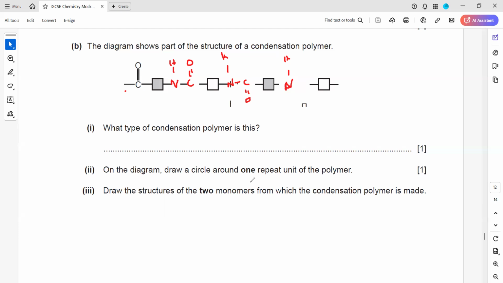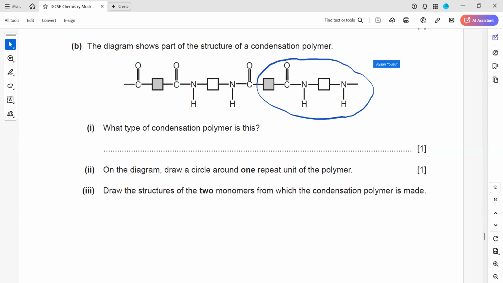On the diagram, circle one repeat unit. So one repeat unit we have to circle. What should we circle? The unit which contains the amine and the carboxylic. No, that is not the repeat unit.